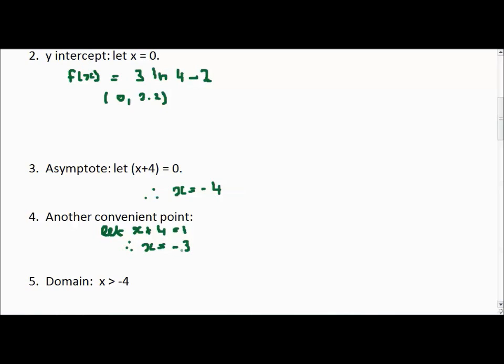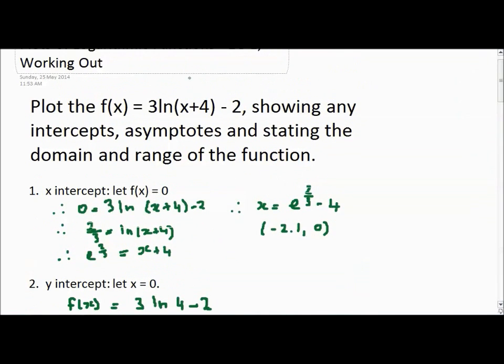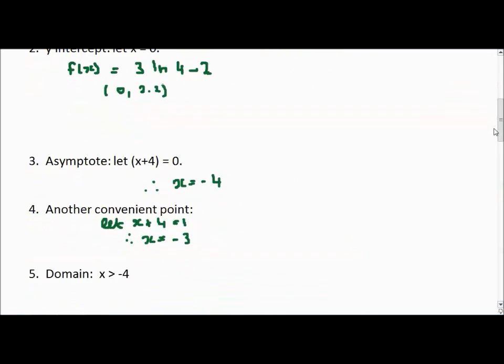And what's the value of the function when x is equal to negative 3? Well, negative 3 plus 4 is 1, of course, so that's ln 1, which is 0, so the function value will be negative 2. So that's another cheap, easy point that's going to help us plot out a sketch of our function. So let's just do it like that: (-3, -2).